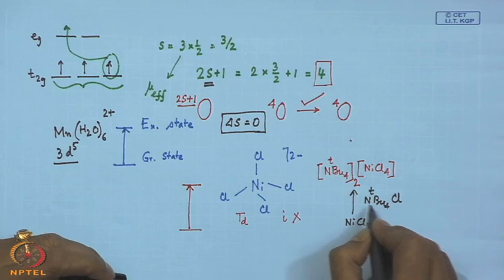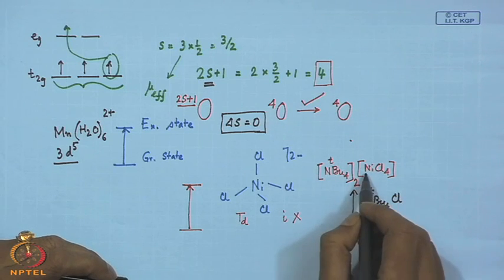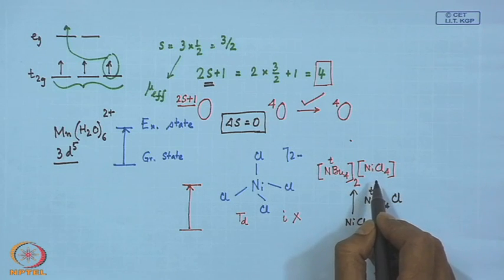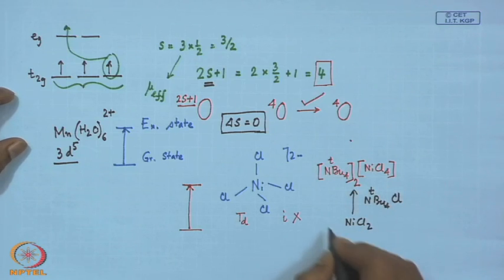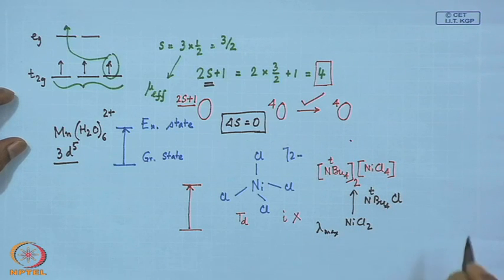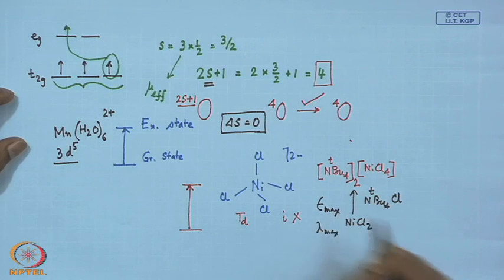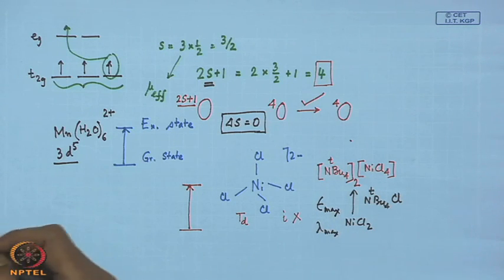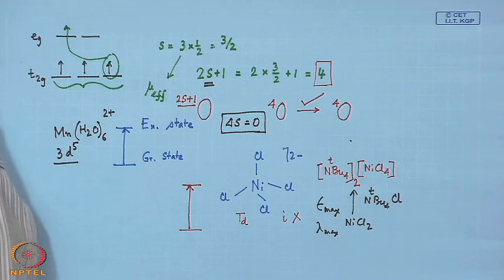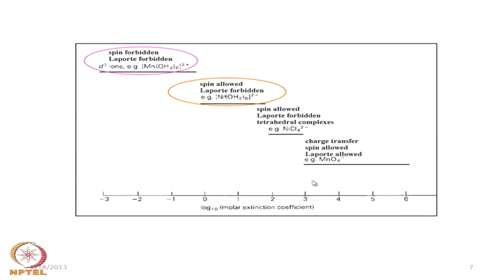So tetrabutyl ammonium chloride addition will give rise to this particular NiCl4 species, where the corresponding lambda max will have some certain value, but characteristically the epsilon max is higher compared to the corresponding octahedral compound, which is hexaaquo.